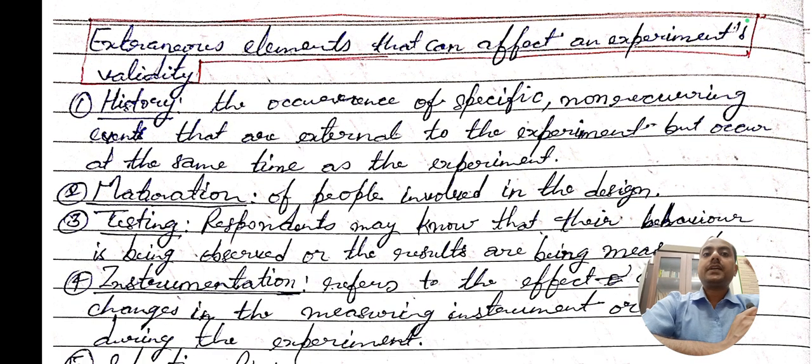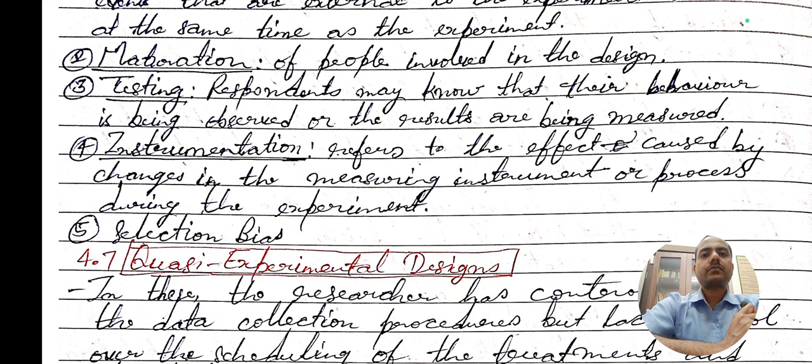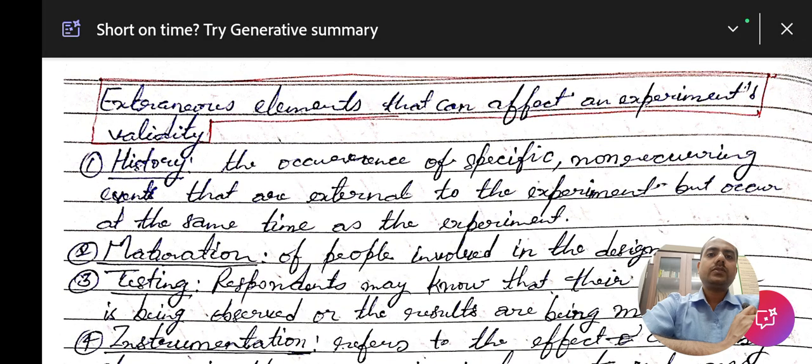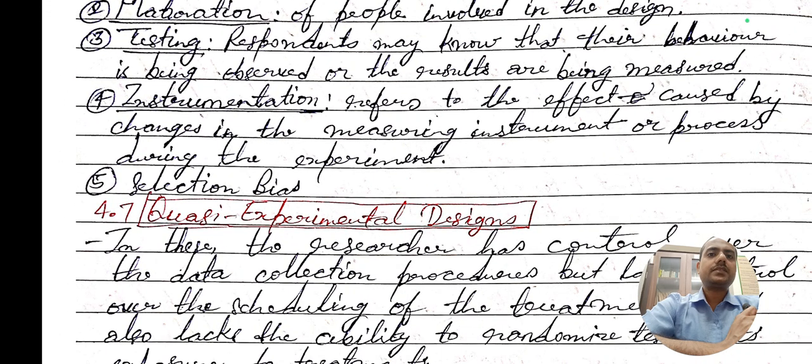extraneous elements that can affect an experiment's validity, that is the history, means the occurrence of a specific non-recurring events that are external to the experiment but occur at the same time as the experiment. Maturation of the people involved in the design testing. Testing, respondents may know that their behavior is being observed or the results are being measured.